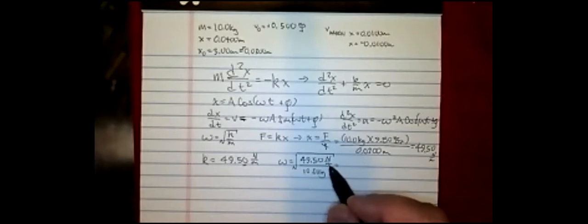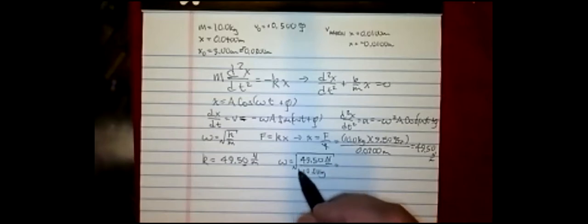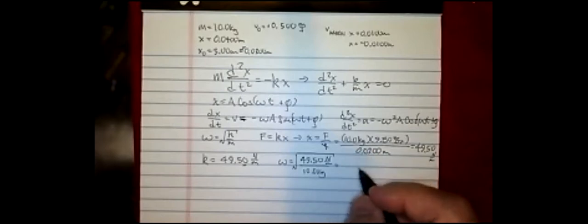The meters cancel out here, so that's a kilogram per second squared, and then the kilograms cancel out here, so I get a per second squared in the denominator. When you take the square root of that, you get 1 over seconds, which is the same thing as radians per second.